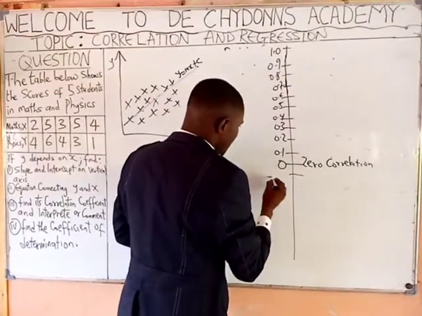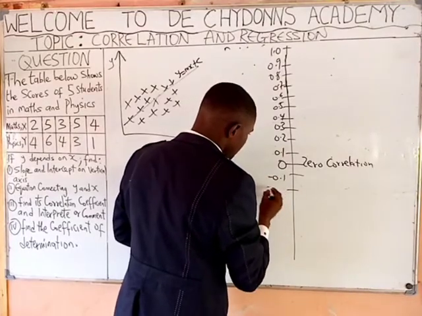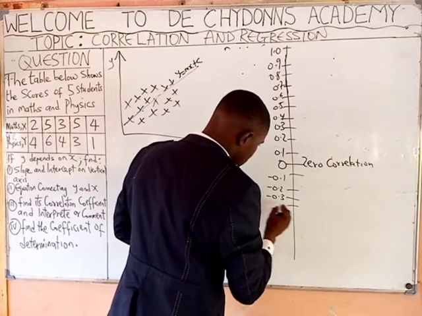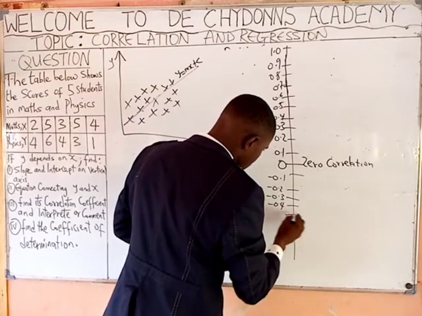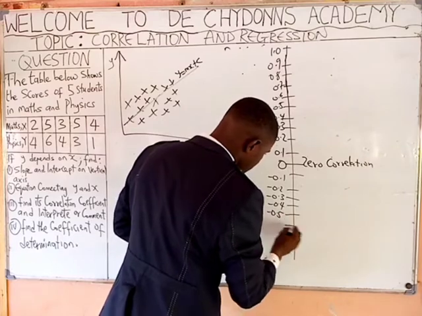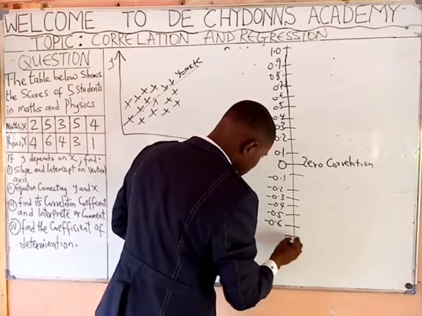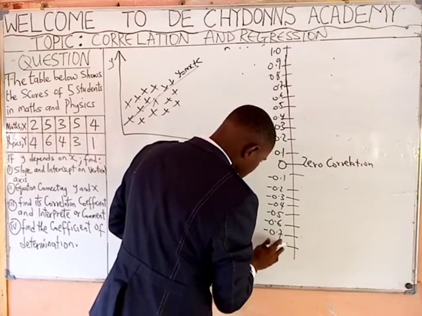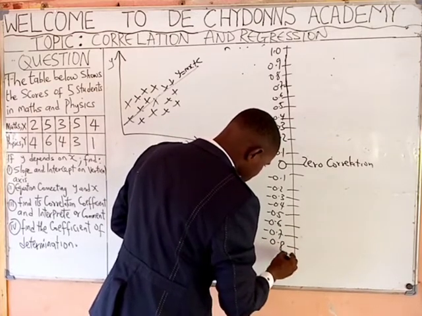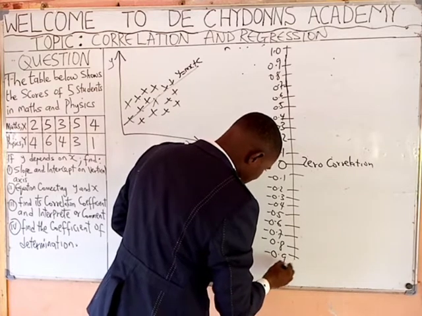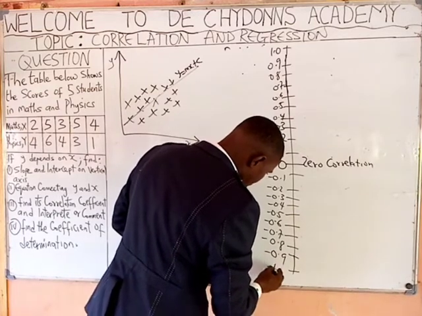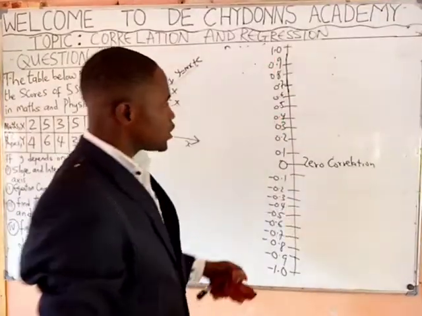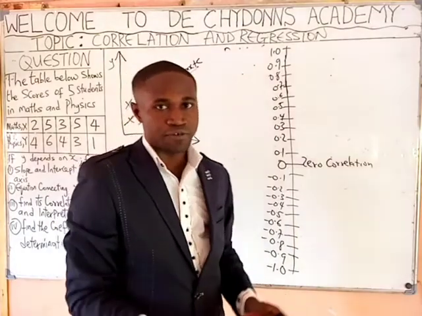Here is minus 0.1, minus 0.2, minus 0.3, minus 0.4, minus 0.5, minus 0.6, minus 0.7, minus 0.8, minus 0.9, minus 1.0. So these are the descriptions of the correlation coefficient.